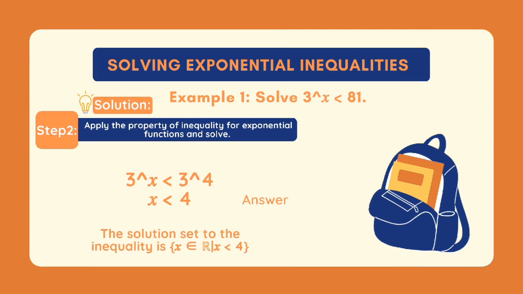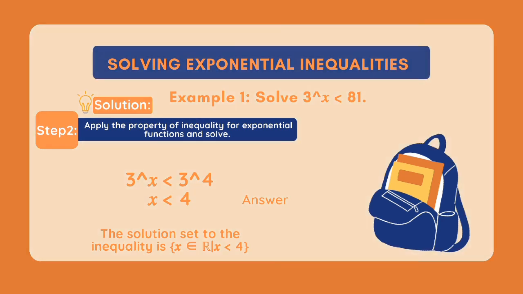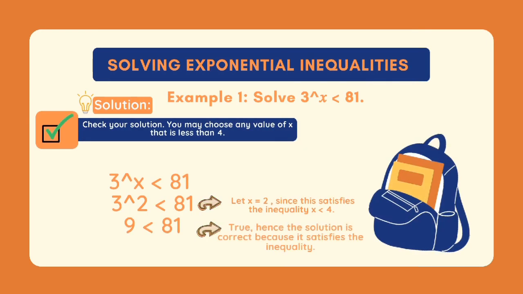The solution set to the inequality is x is an element of the set of real numbers, x less than 4. To check our solution, you may choose any value of x that is less than 4. 3 raised to x less than 81, let x be equal to 2.